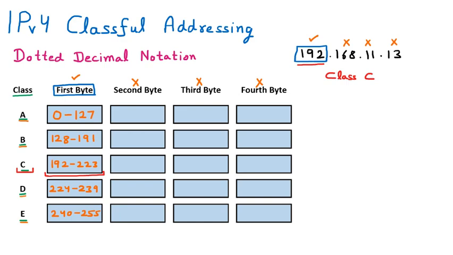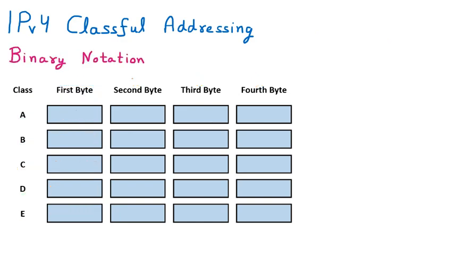Now we are discussing the next type of notation, which is the binary notation. We know that an IP address also has a binary notation, in which the IP address is in binary form. And we know that every byte of the IP address has 8 bits.